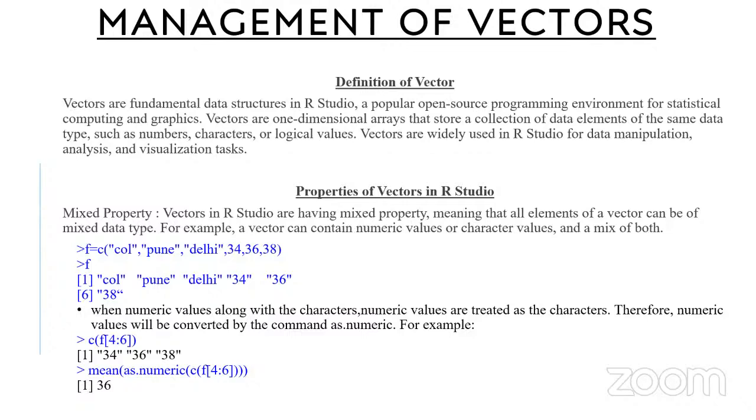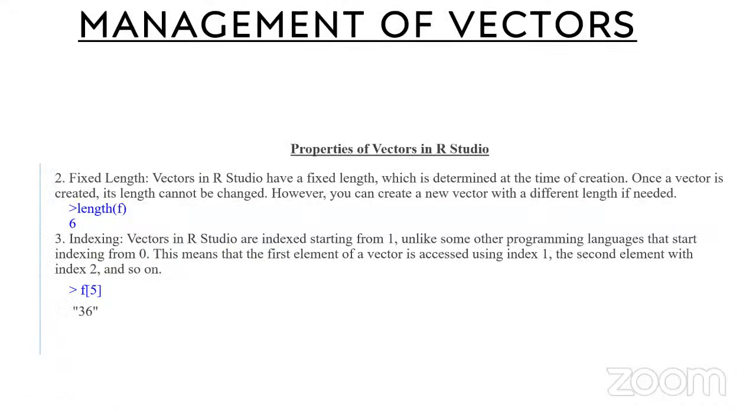So that is called the properties of vectors. Next. Properties of vectors in RStudio. It is written length. If you write length, then it will calculate how many variables are there, or how many elements are there.